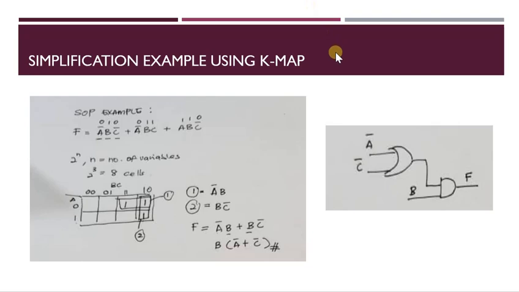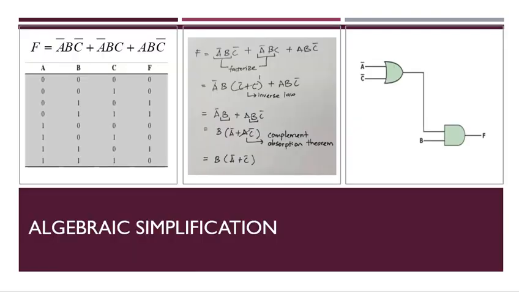Now, you can see the K-map technique and the algebraic technique produce the same results for the simplification as well as the graphical representation, right? You can see the algebraic simplification from the previous slide. We have the simplified equation, which is B, A bar or C bar, and this is the graphical representation.